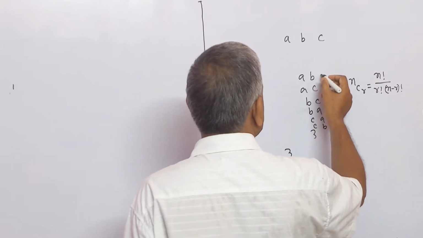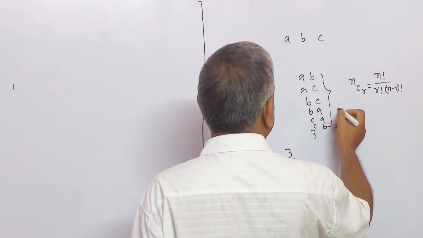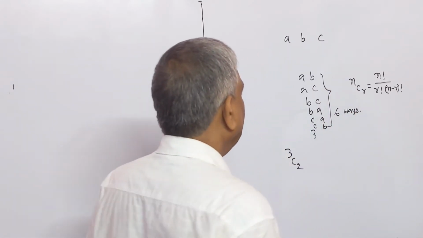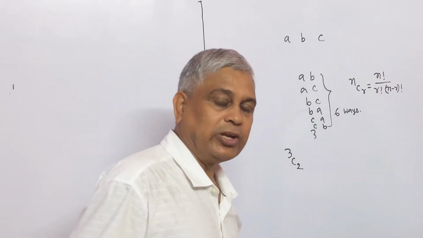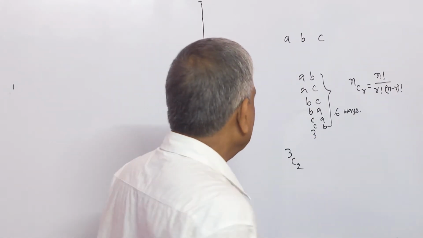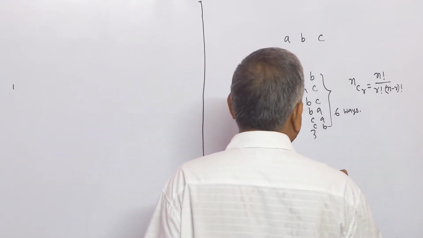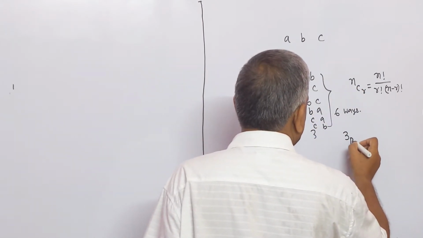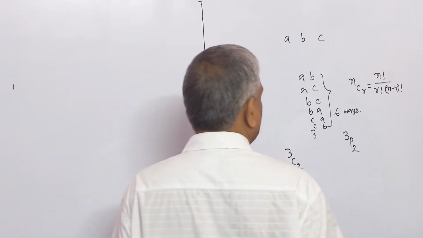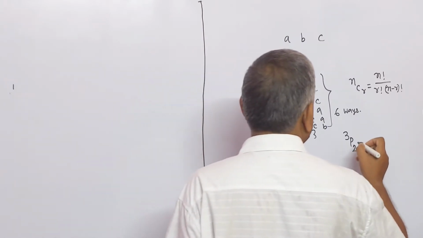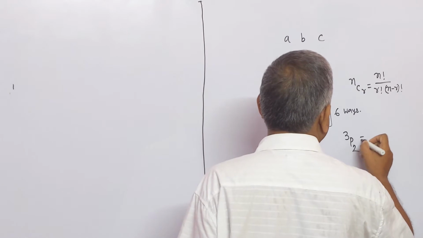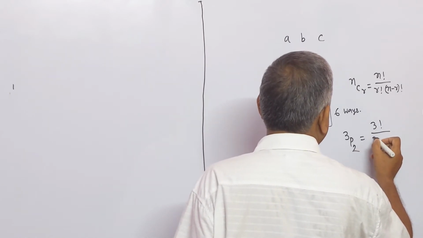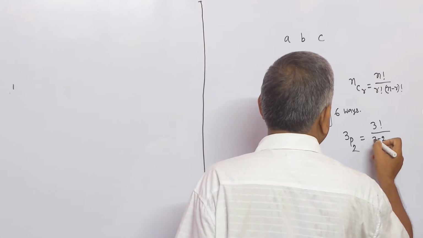So we get 6 ways. And this is called permutation. We denote this as 3P2, and the formula for this is factorial 3 by factorial 3 minus 2.